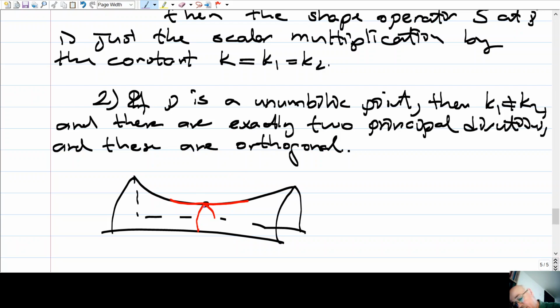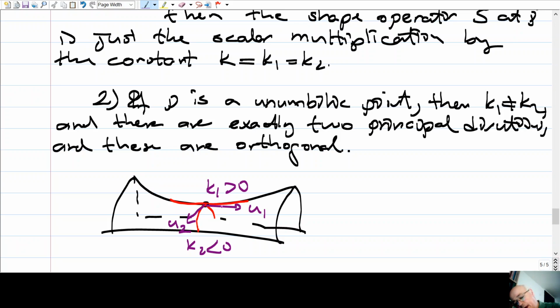This is the vector u2, and this is the vector u1, and they are perpendicular to each other. So here k1 is positive and k2 is negative.